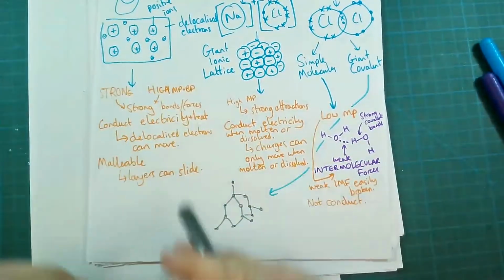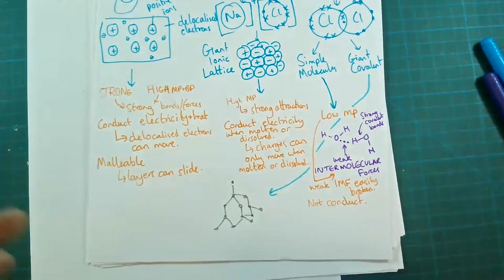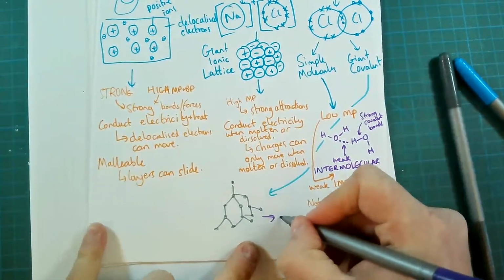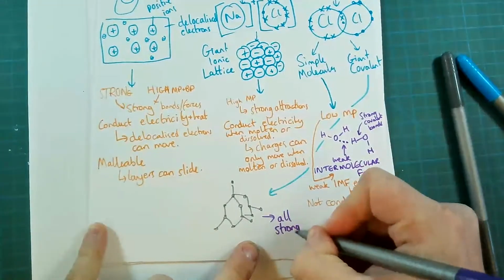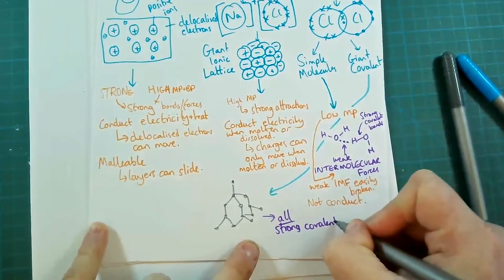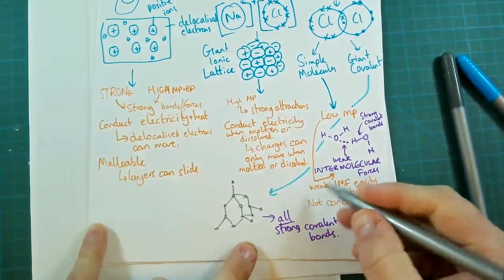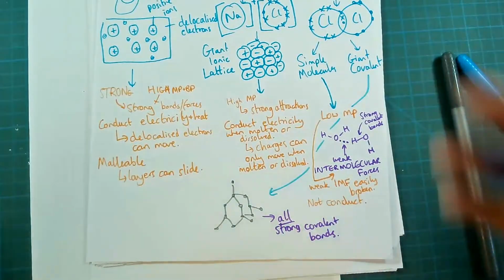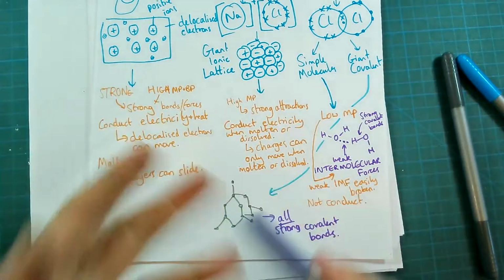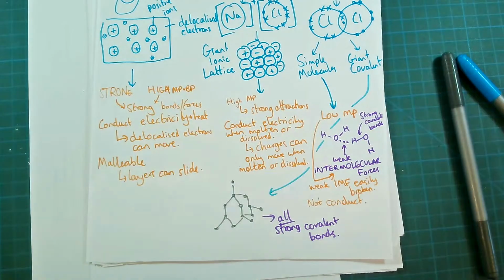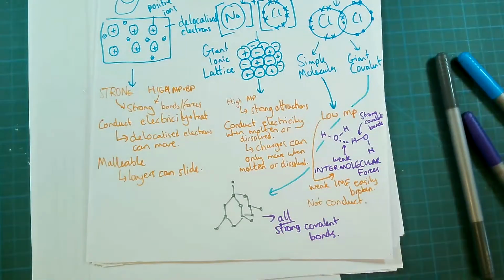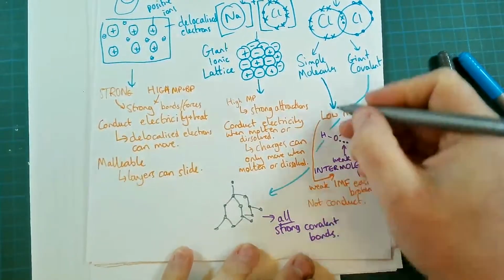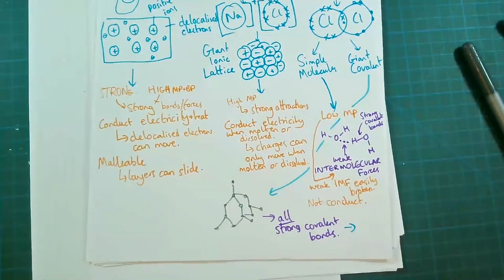You can see how this can just keep going. Because of that, you don't get any of those weak intermolecular forces. It's all strong covalent bonds, so you don't get that low melting point. You get quite a high melting point, and diamond is the strongest thing, or hardest thing if I'm being technical.